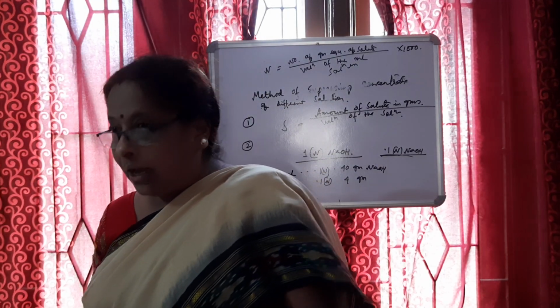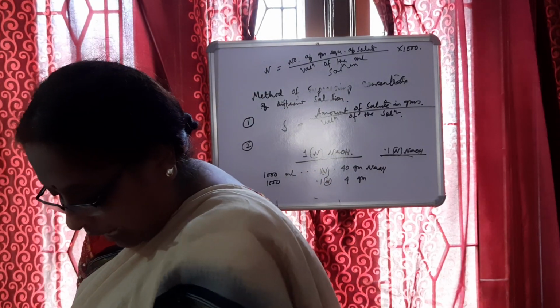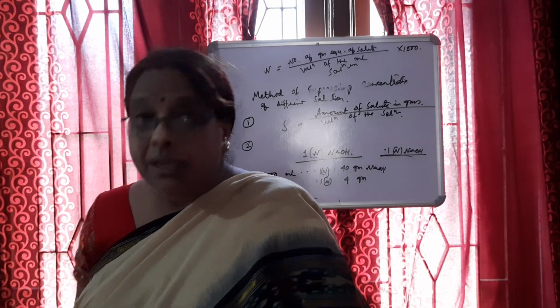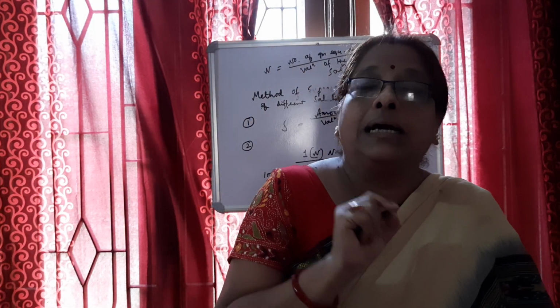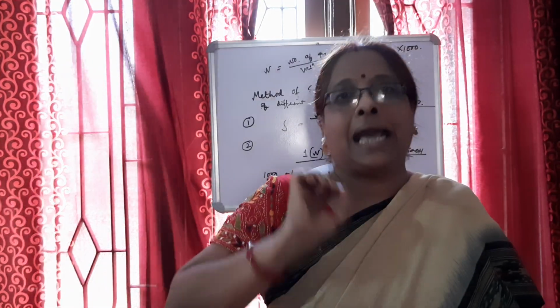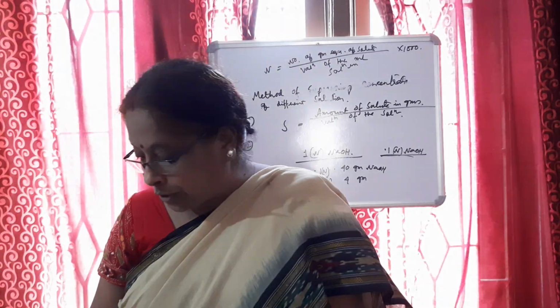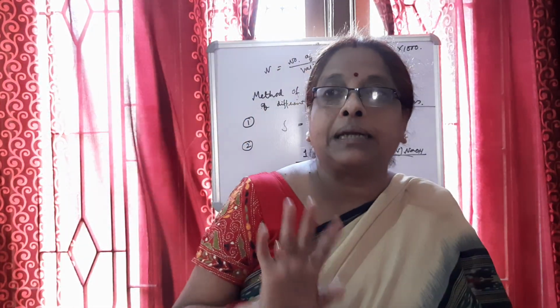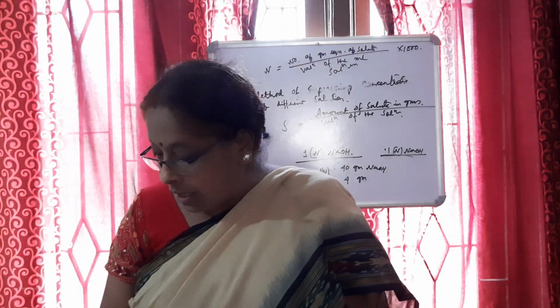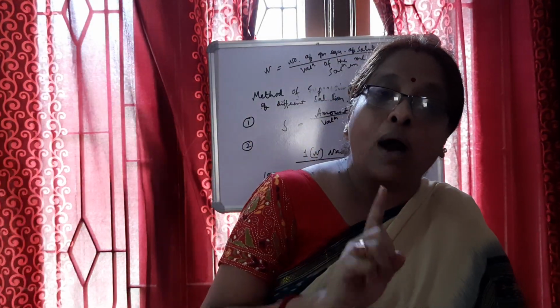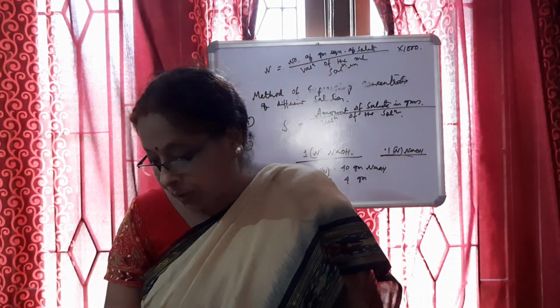Now, the fifth one is molality. And molality is denoted by small m. When 1 mole of the solute is dissolved in 1000 gram of the solvent, then it is called a 1 molal solution.